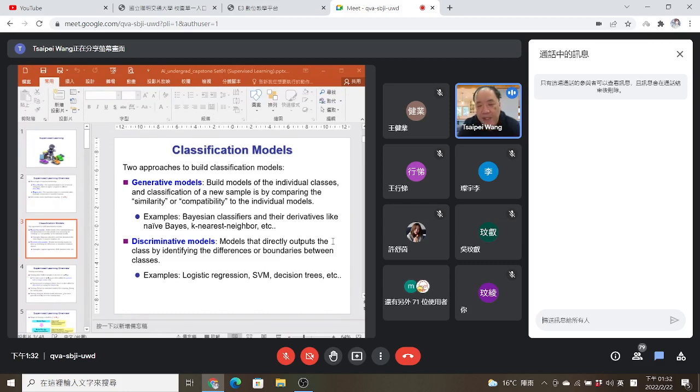The other type is called the discriminative model. Those are models that directly look for some boundary between the classes. You do not try to figure out what the classes look like themselves. You just look for boundaries. As long as the boundary works with your existing data, they are good.